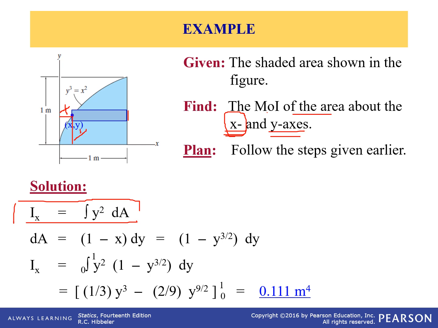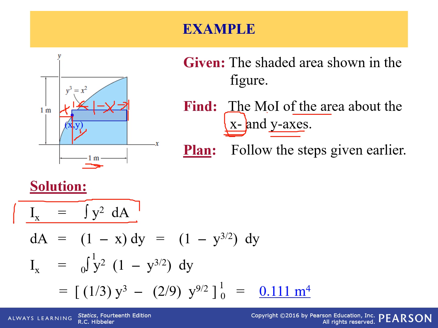Since the overall length is 1 meter, this side is 1 meter, so the horizontal length of your strip, the length along the x direction, will be 1 minus x. The total length is 1, and the distance from the blue dot to the y-axis is x, so the rest of the length will be 1 minus x.